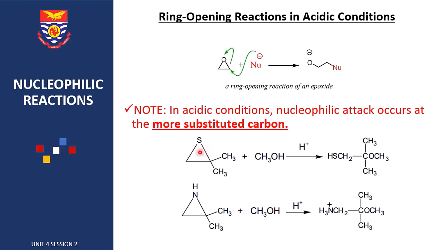The bond between sulfur and carbon here breaks to open the ring, where the hydrogen attaches through protonation to the heteroatom, and the nucleophile attaches itself to the tertiary carbon, right? So the same thing applies here. We have the nucleophile CH3O attacking the more substituted carbon atom.